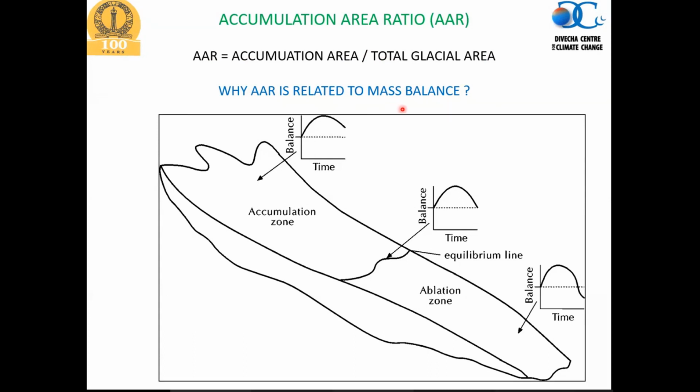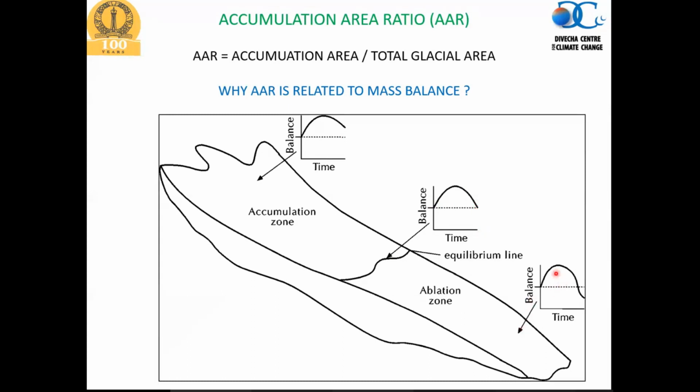You can see here in the accumulation area, with time, the more snow is accumulated. This is how the curve looks with time: it is more accumulated, but it is melted less. So you have a certain amount of accumulation. On the equilibrium line, you have balance. That means the amount of accumulation is equivalent to the amount of ablation.